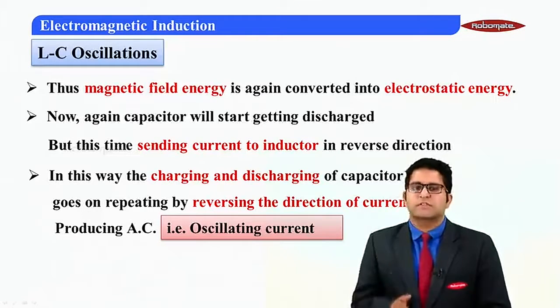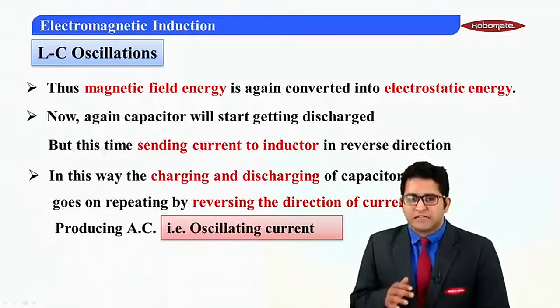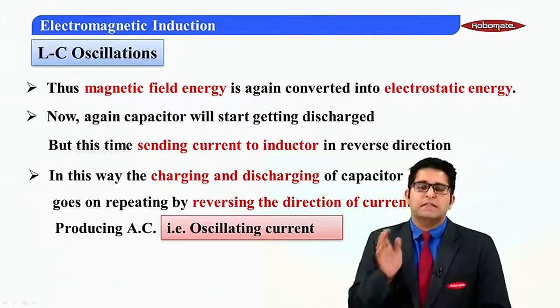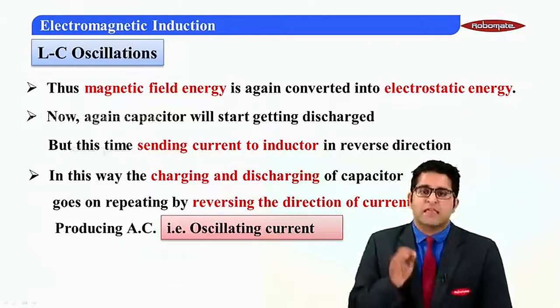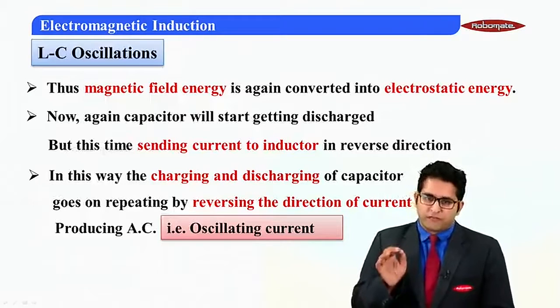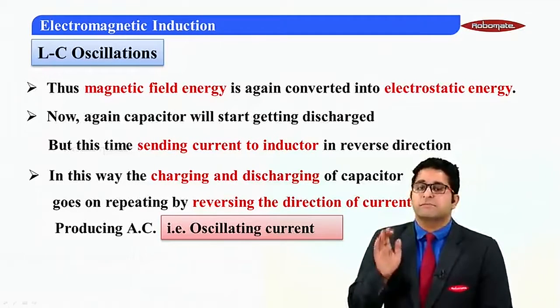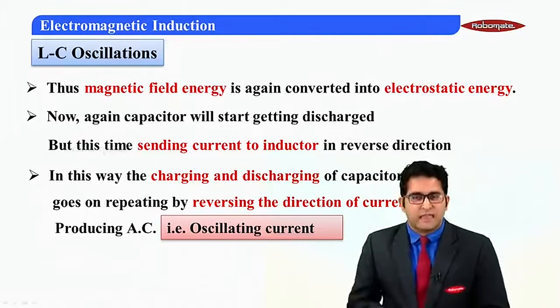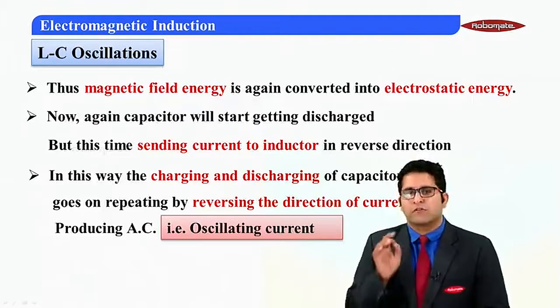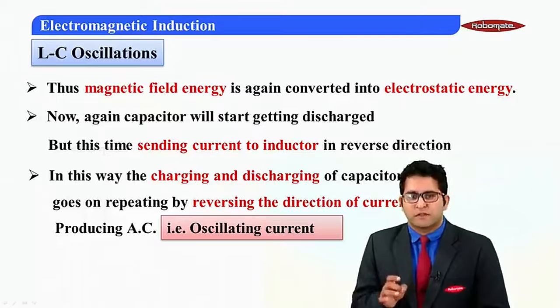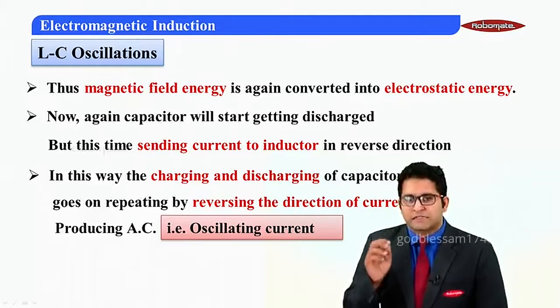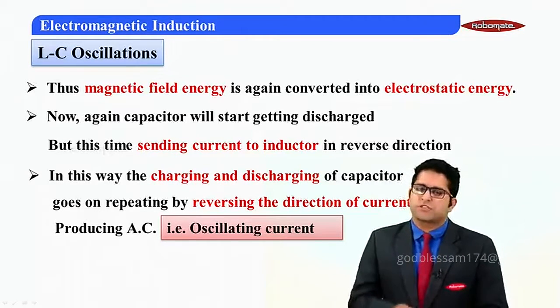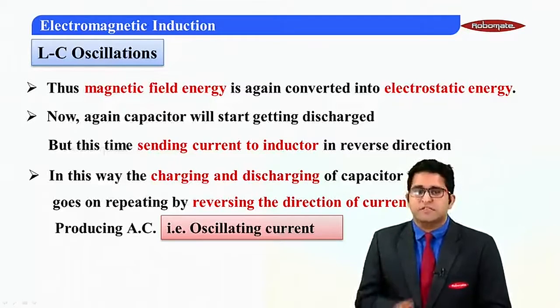So these oscillating signals are generated by using an inductor and capacitor in parallel combination, and the frequency of this oscillating current simply depends upon the value of self-inductance L, and it also depends upon the value of the capacitor having certain capacity, right?